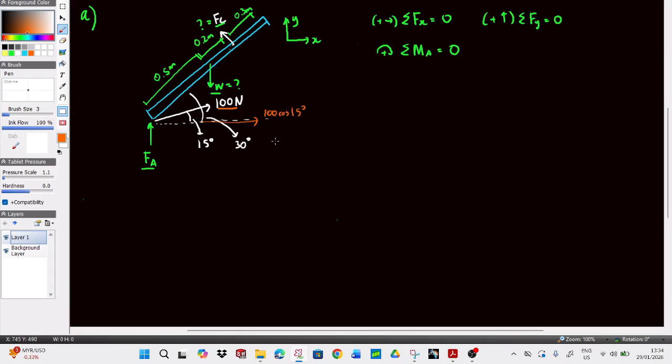W and FA are purely in the y direction, so no need to worry about that. Now for this FC, here's something I want to bring to your interest. This FC has an angle, and this angle is exactly 30 degrees.